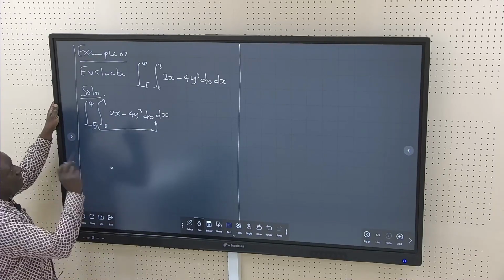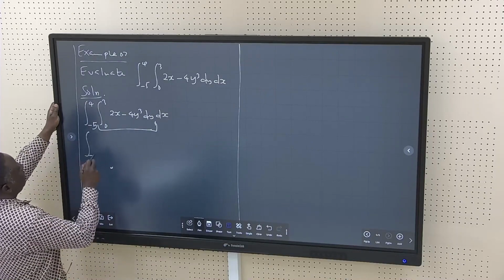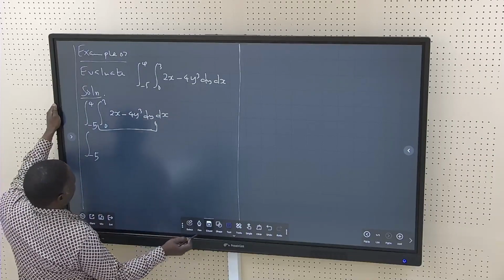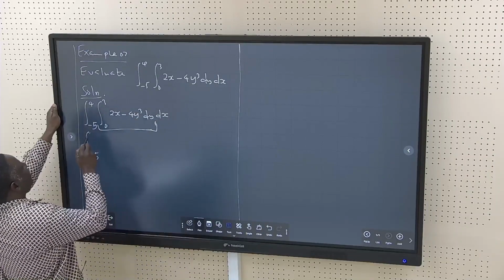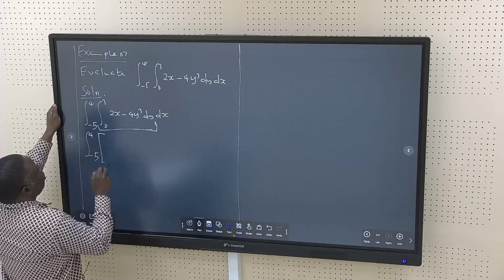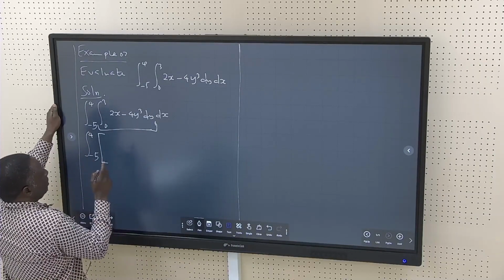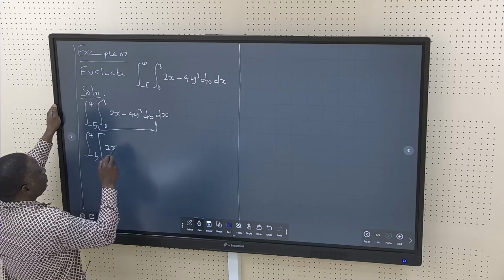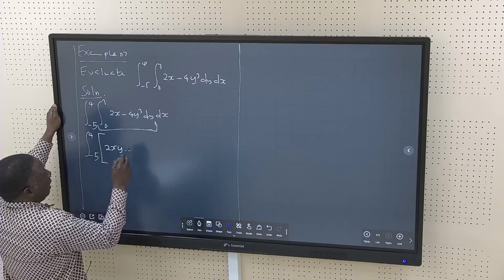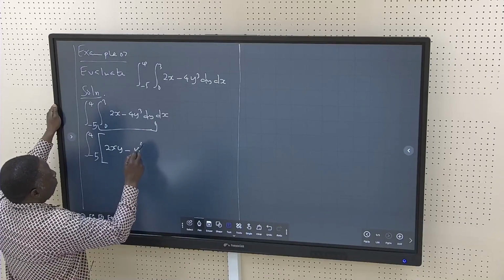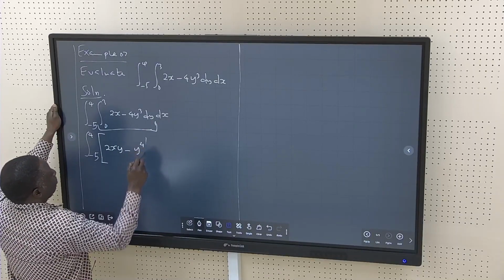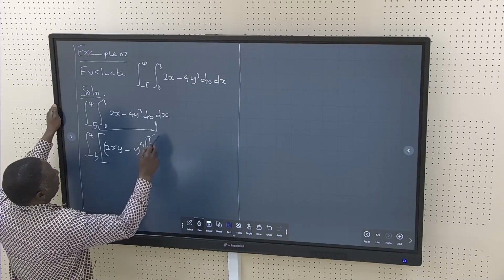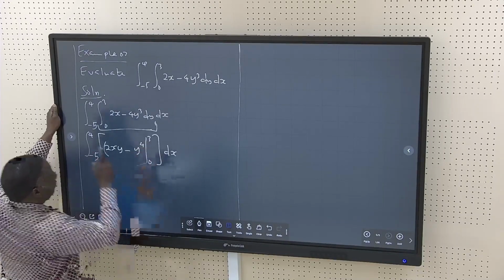So this one is going to be 2xy minus y⁴, from 0 to 3, with respect to x.